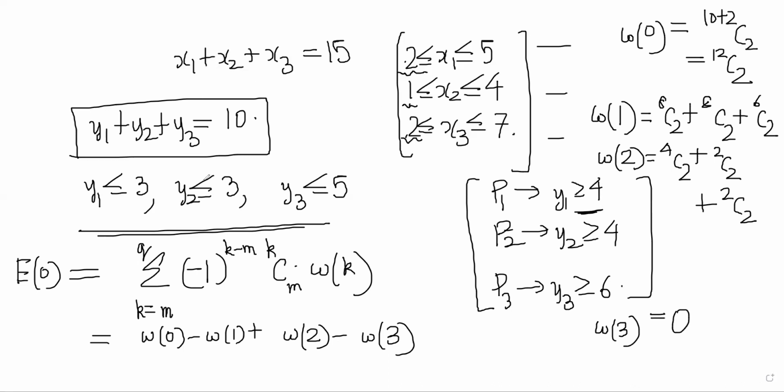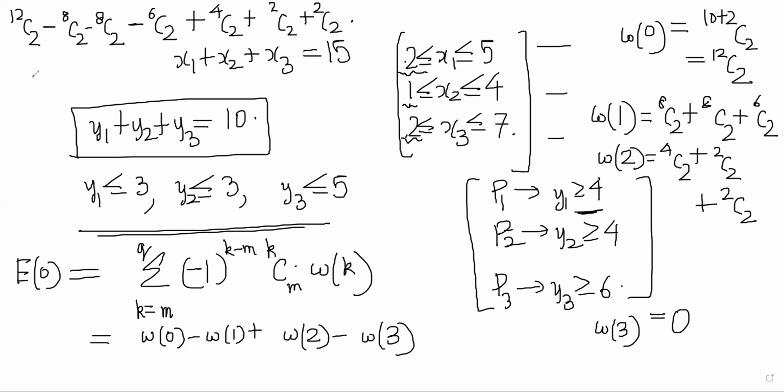So the final answer of this question would be 12 C2 minus 8 C2 minus 8 C2 minus 6 C2 plus 4 C2 plus 4 C2 plus 2 C2 twice. 2 C2 plus 2 C2. So you can count this, and that would be your solution for this question, right?